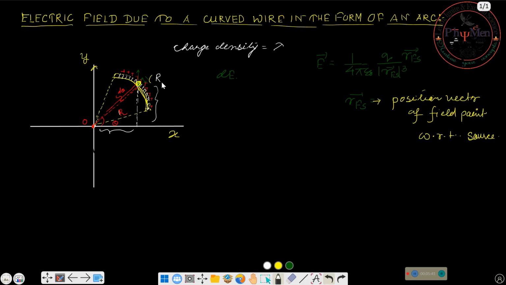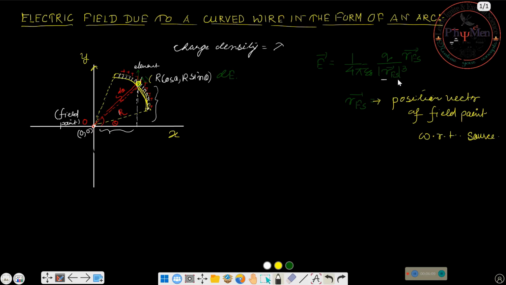So the coordinate will be r cos theta and r sin theta, and the center point has coordinate 0, 0. This O is your field point, where you need to find the electric field because of the system, and the source is this particular element.